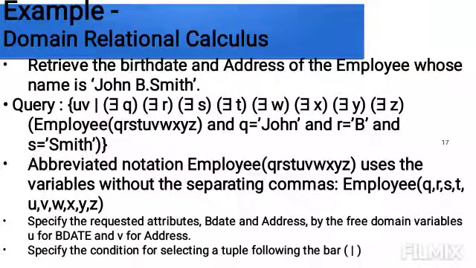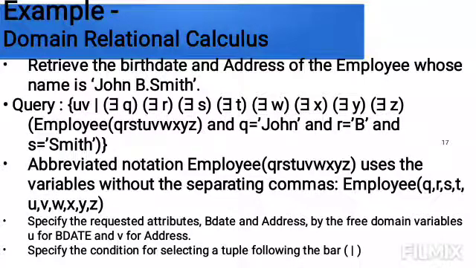Here is the notation used for domain relational calculus. Here the atom or formula is made slightly different from the tuple relational calculus. In tuple relational calculus, we have only a range relation.